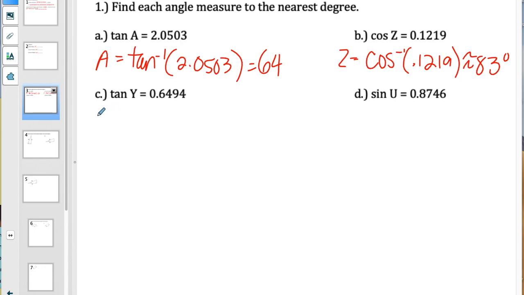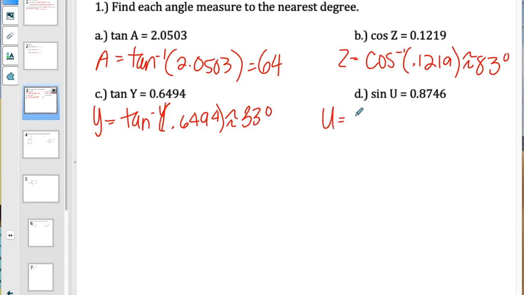Now on C, y is going to equal the tangent inverse of this 0.6494, and I approximately am getting 33 degrees. And then on D, to get u by itself, we would type the sine inverse of 0.8746. And I approximately got 61 degrees.